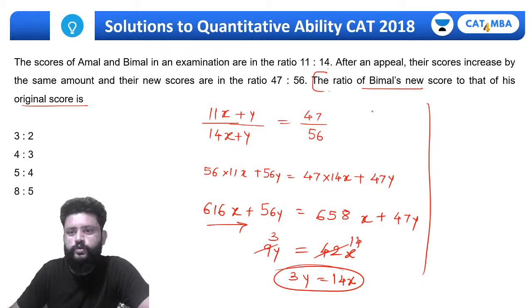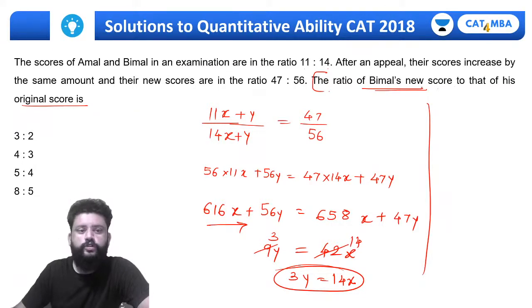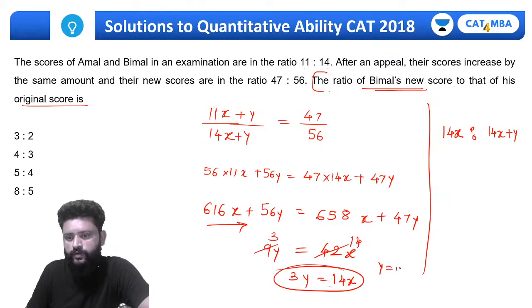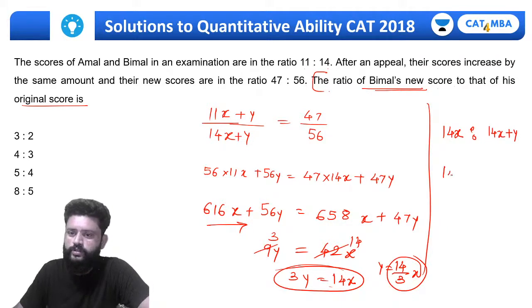Now we are supposed to calculate Bimal's new score to his original score. So Bimal's new score is 14x plus y and his original score is just 14x, and we know y is 14x by 3. Put the value of y and get the ratio. This is 14x original, this is new.